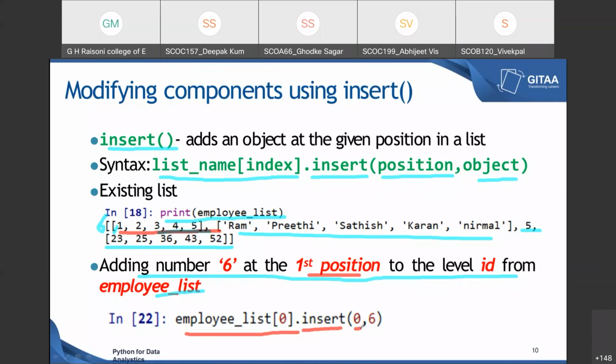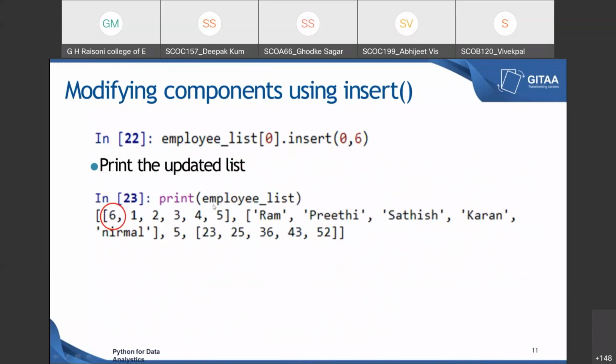So the index value is 0, which is nothing but the position, and the object is nothing but the value you need to insert, which is given here. So like this you can add or insert a value at a particular position if you know the position of that number.